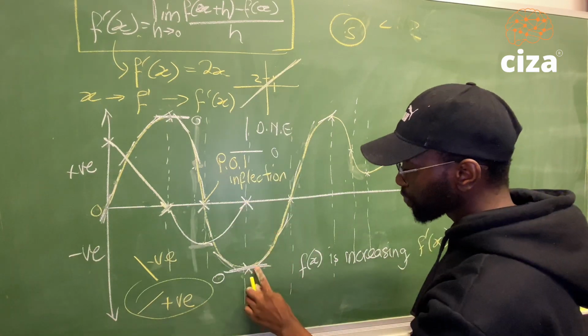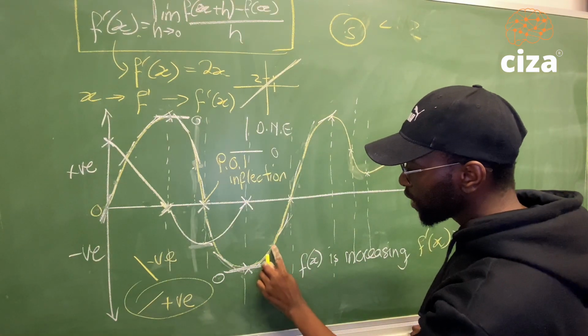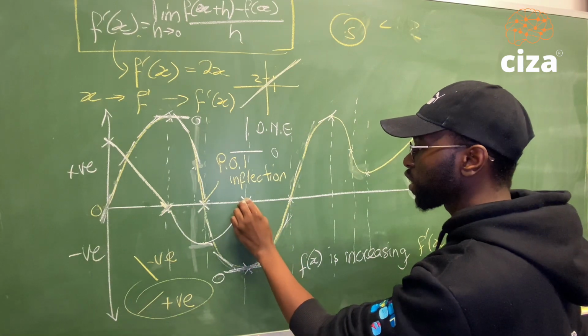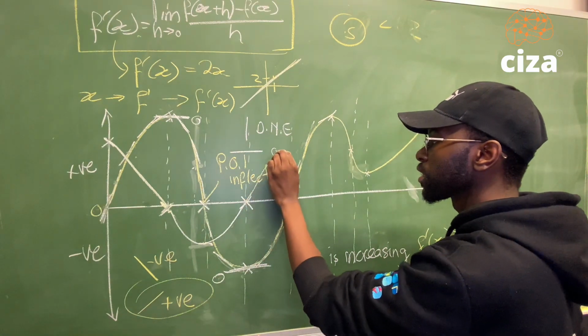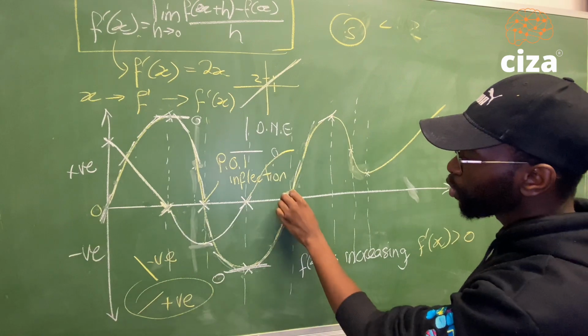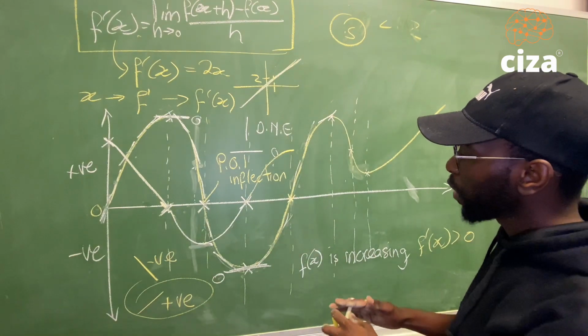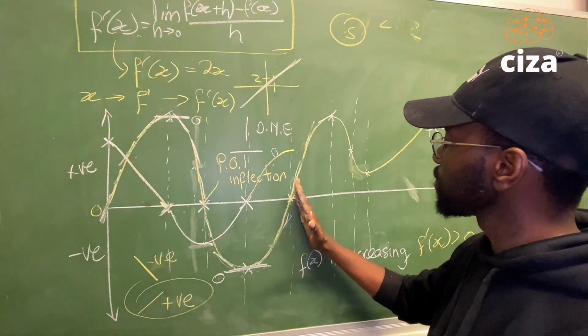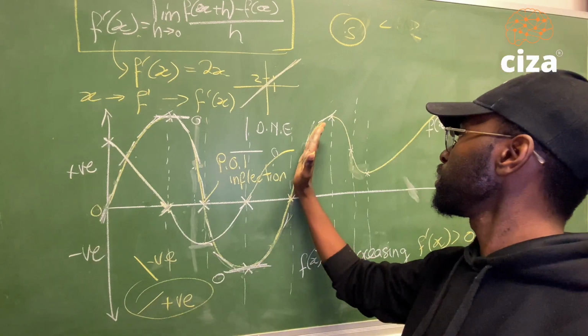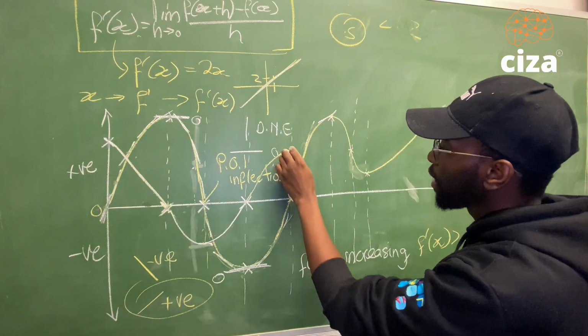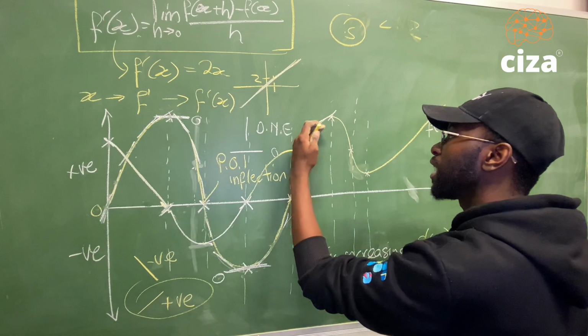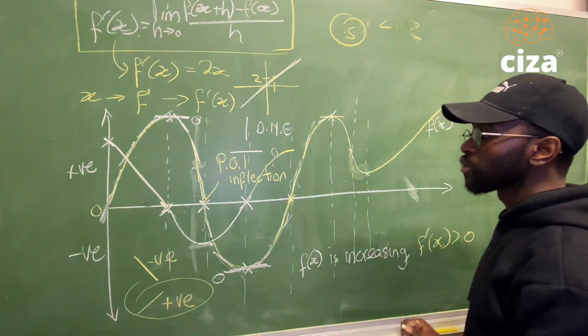These values go from 0, increase, increase, until it reaches another point of inflection here, where they were increasing, and now they are turning. So they are now decreasing again until they reach 0 there.